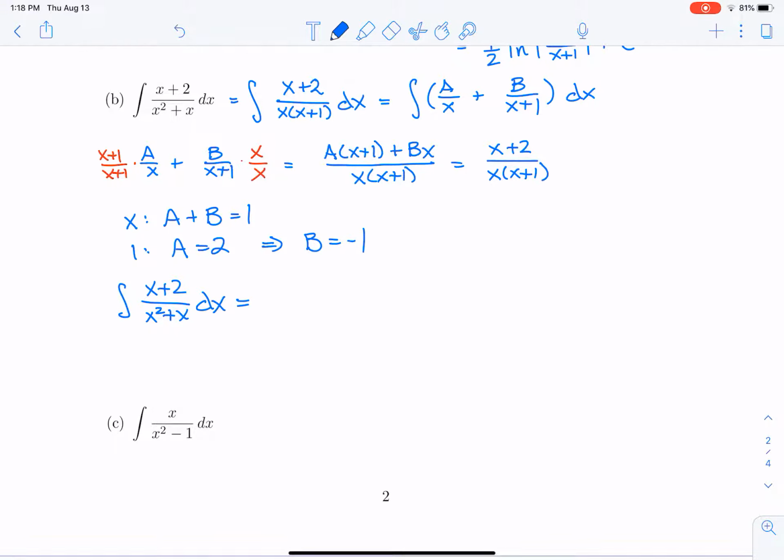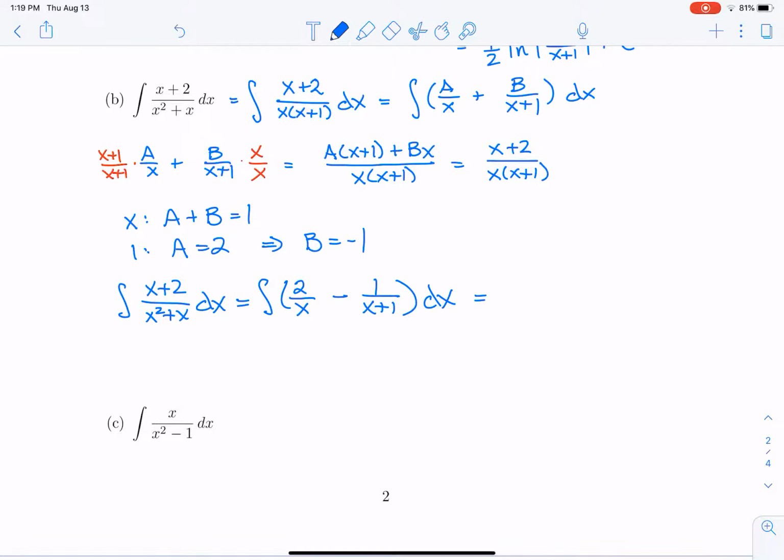And when we do this integral, we're going to rewrite this as 2 over x minus 1 over x plus 1, substituting in a and b, dx.